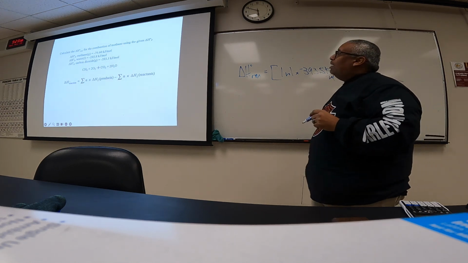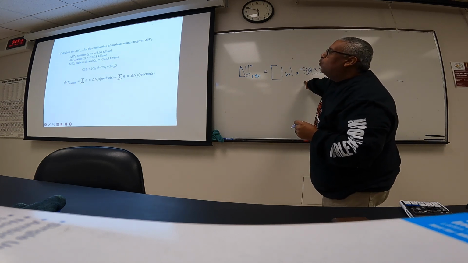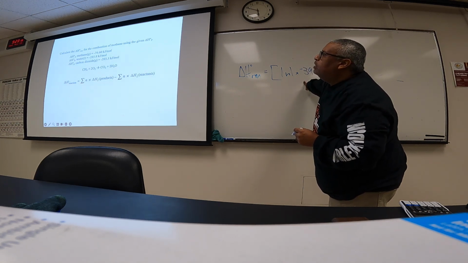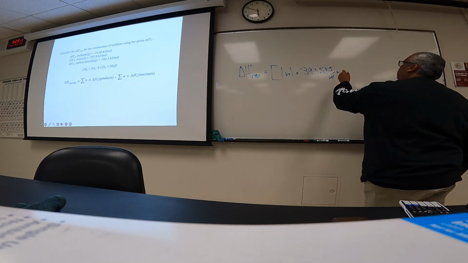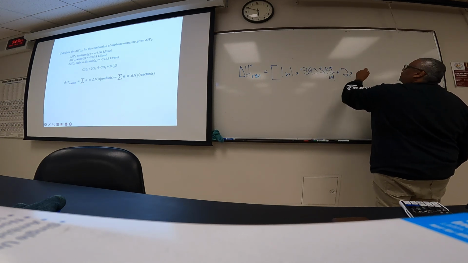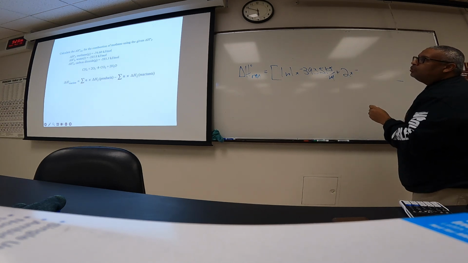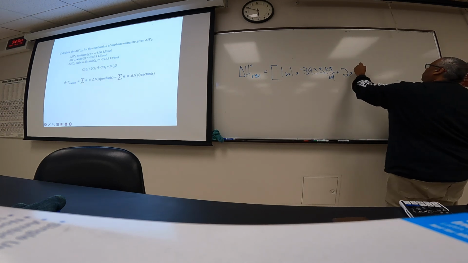And I'm going to add that, because this is the sum. We're adding these together. The other one is water, and water is negative 285.8. There's 2 moles of that, plus 2 times negative 285.8 kilojoules per mole.